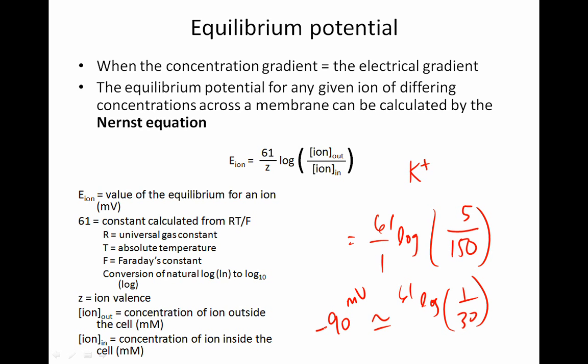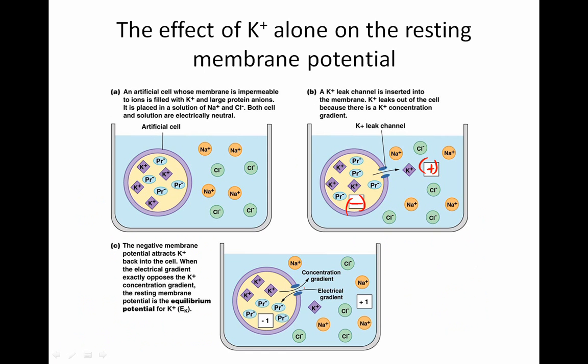So in our little example over here, I'm going to pop back. For here, potassium will continue to move out, creating a whole bunch of negative charges, and when those negative charges on the inside equal minus 90, as a result of all that negative charge, then potassium is going to start moving back in.